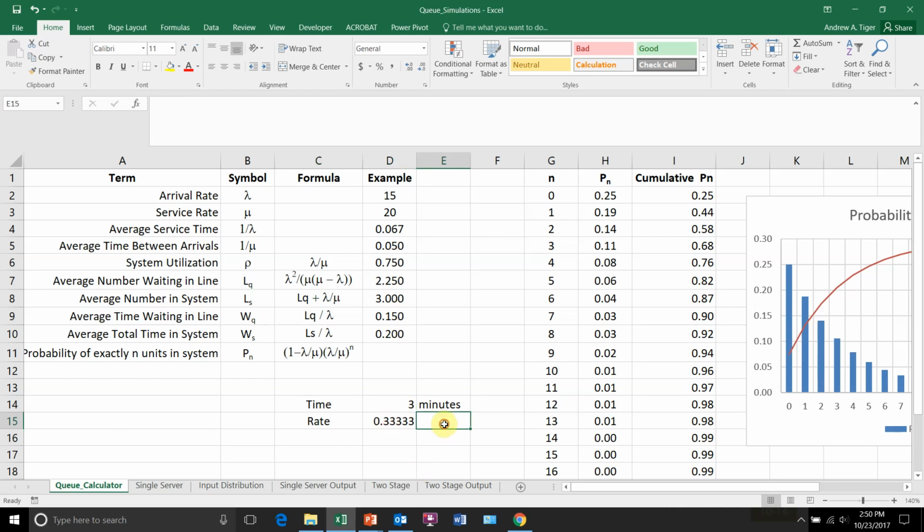So that's how many customers they can process per minute. But I'm doing this all in hours, so I can convert this to hours by multiplying by 60 to get to a per hour rate. So if the time is 3 minutes, then the rate in terms of customers per hour is this customers per minute, multiplied by 60.